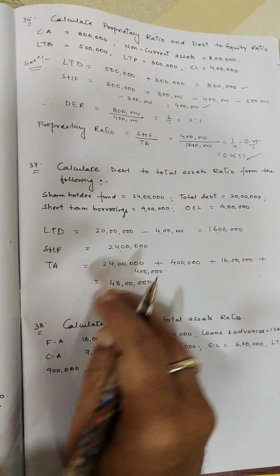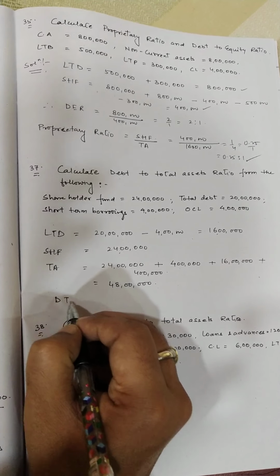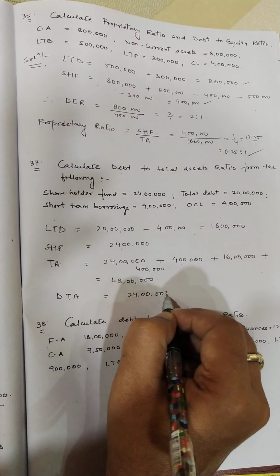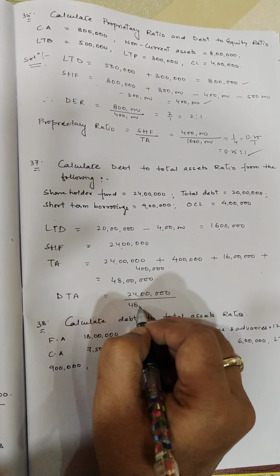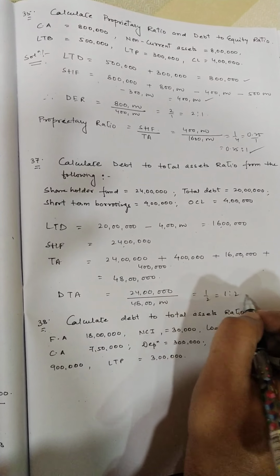Now debt to total asset: debt is 24 lakh and total asset is 48 lakh. This is 1/2, that is 1:2.